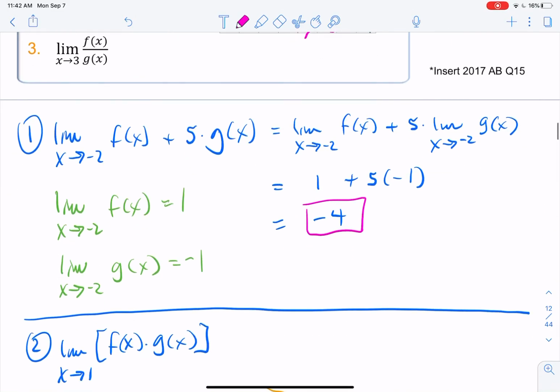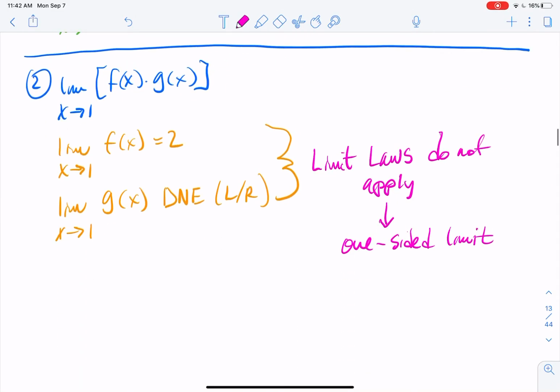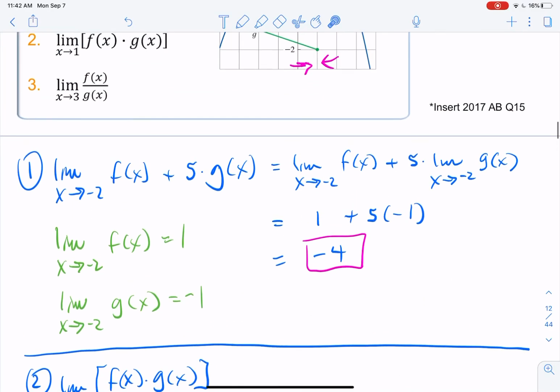Now, we might be tempted to think that if we're not being very rigorous about our notation and checking to see whether each of these individual ones exist, we can just go 2 times does not exist, does not exist. Sometimes that might be the case, but there are other times in which it isn't. In particular, on the 2017 AB test, it was question 15.